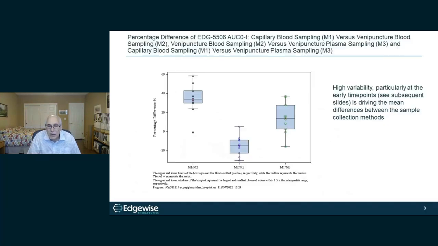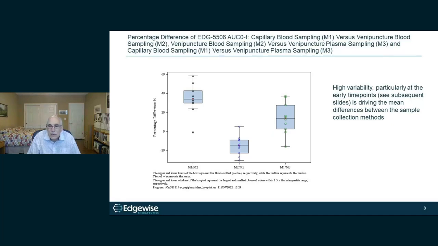When we look a little more carefully at the variability between the methods, the one that we're focused on is here, M1 versus M3. And that's capillary sampling versus venous plasma sampling. And you can see that the level of variability, so on the y-axis is percentage difference. 0 would be perfect, right?